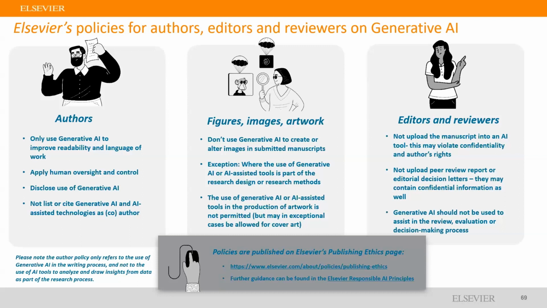The moment it is uploaded in ChatGPT, for example, it has access to your manuscript that may not be part of the public domain yet, but then it's added. It is similarly true for review reports, decision letters, and so forth. Those cannot be uploaded in any type of Gen AI tool.